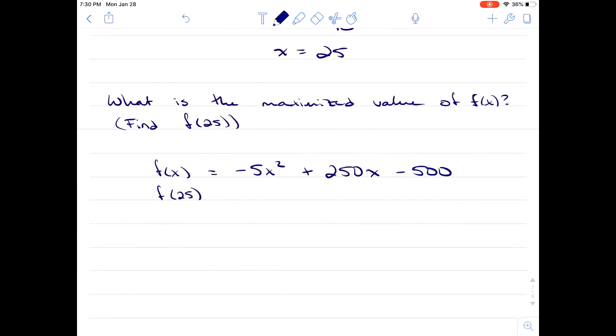F of 25 then must be negative 5 times 25 squared plus 250 times 25 minus 500. I didn't do these beforehand.